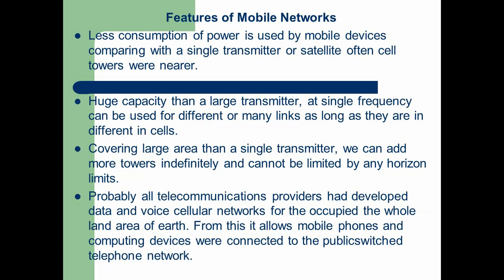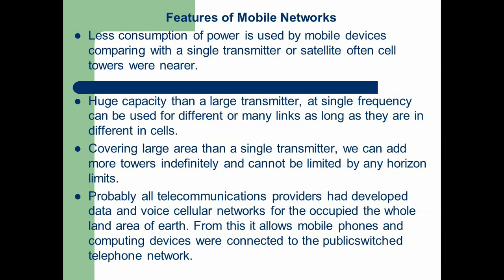Next one, covering a larger area than a single transmitter. We can add more towers indefinitely and it cannot be limited by any horizon limits. Whenever we move from one area to another, our mobile automatically connects to that area's base station at a faster rate. That's why our communication speed is not interrupted by any problem.